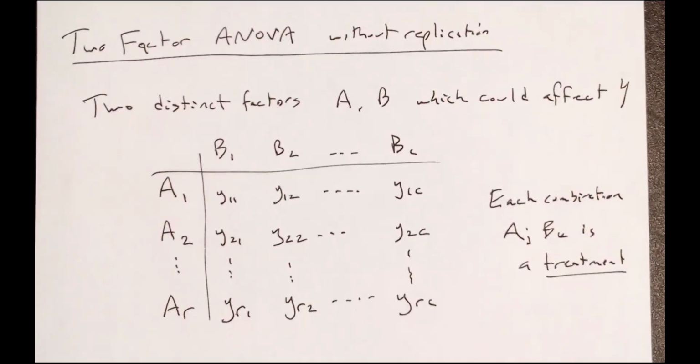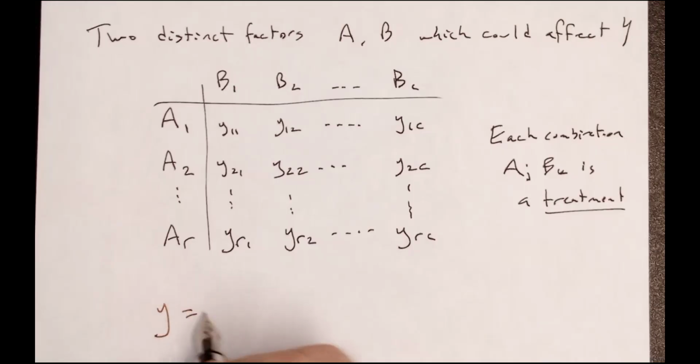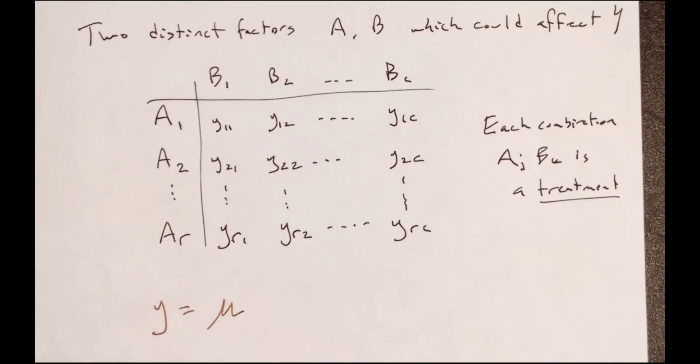Now, my hope, idea, goal, is that I want to see if there's some quantitative difference in my response variable y, depending on which row and which column I'm in. I'm going to play the same straight line game we played with one factor. And I'm going to say to myself, really, I'm going to think that each of these items has an effect from one grand central mean, because that's still our null hypothesis, that there's really no difference, no matter which A I use, no matter which B I use, there's really no difference. But there might be some effect due to my rows.